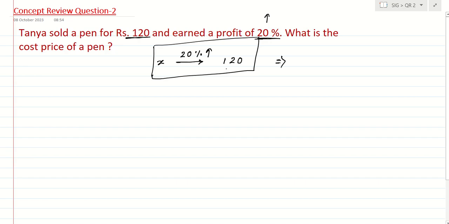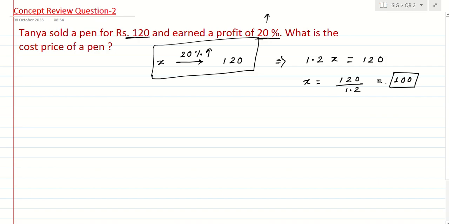I told you how many times? 1.2 times. Correct, no? Increment. 1.2 times of what? Of the initial value x equals 120. So x must be 120 divided by 1.2. How much will I get? Will I get 100? Correct, no? My answer is 100.